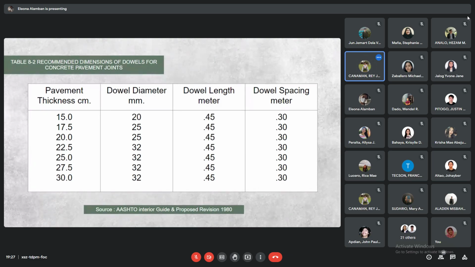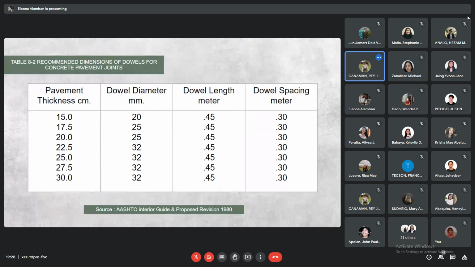On the screen is the graph which shows recommended dimensions of the dowels for concrete pavement joints. There are the pavement thickness, the dowel diameter, dowel length in meters, and the dowel spacing in meters. As the pavement thickness increases, the diameter of the dowel increases too, but the length and spacing are the same, which is 0.45 meter and 0.30 meter.